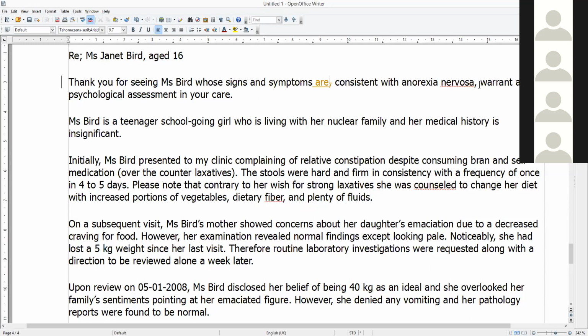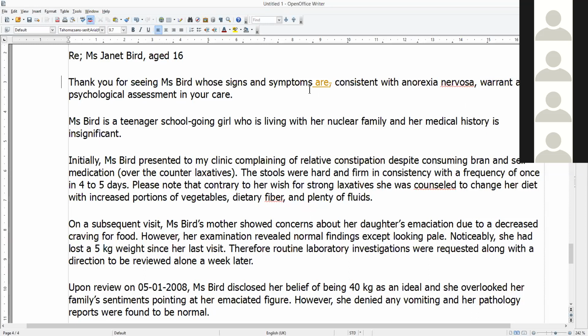Who? Well, we need something else here. Who warrants? Whose signs and symptoms consistently warrant a psychological assessment in your care. It's a bit of an awkward sentence.